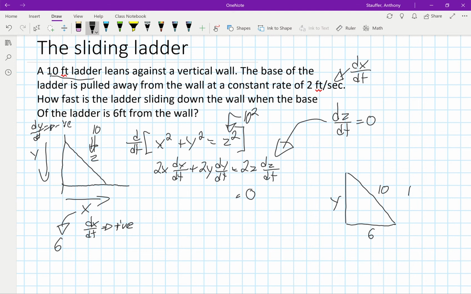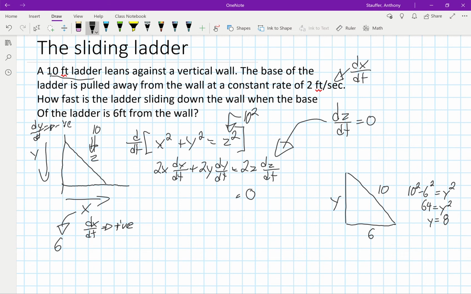Using Pythagoras' theorem, we know that 10 squared minus 6 squared will equal y squared. 10 squared minus 6 squared is 64, so 64 equals y squared, or rather we get y equals 8.